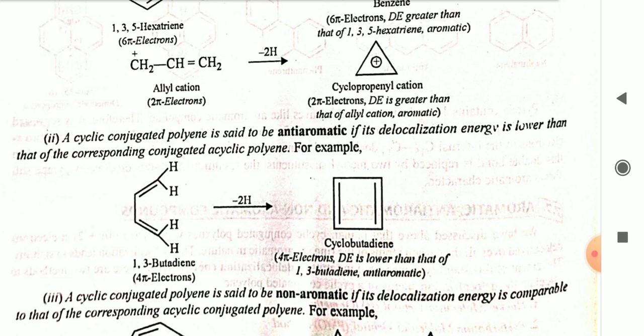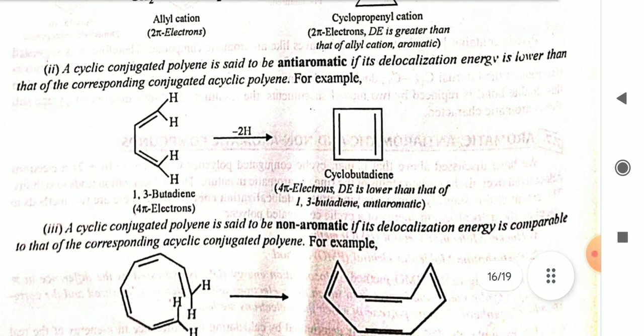Second, a cyclic conjugated polyene is said to be anti-aromatic if its delocalization energy is lower than the corresponding acyclic conjugated polyene. For example, 1,3-butadiene loses 2 electrons to form cyclobutadiene, 4 pi electrons, DE is lower than that of 1,3-butadiene, anti-aromatic.